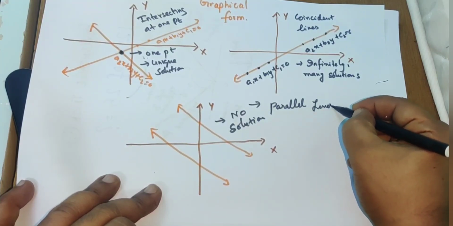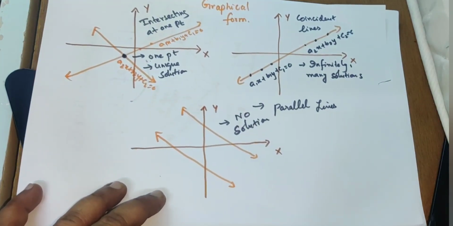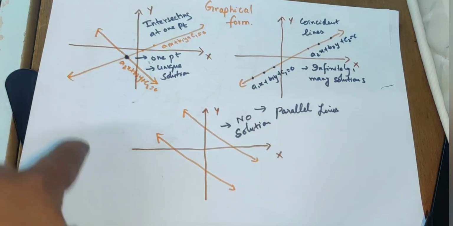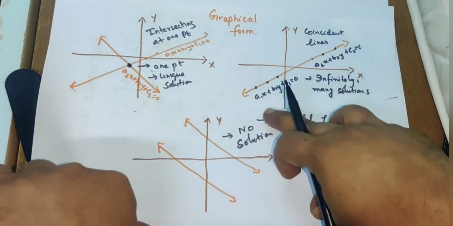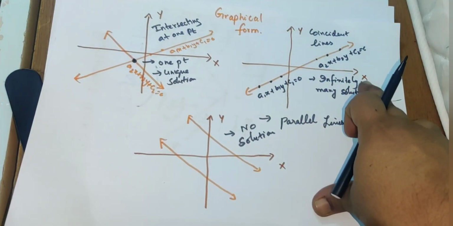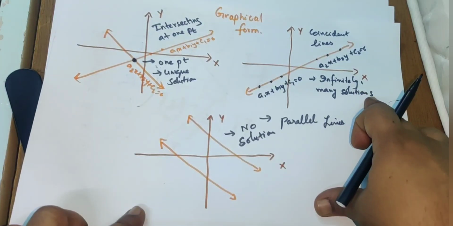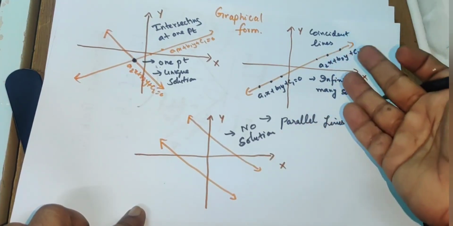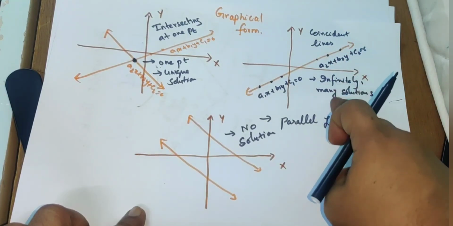So these three types of solutions only we are going to get. First one is intersecting at one point, only one solution. Second one is where both solutions lie on the same line, which is why it has infinitely many solutions. In the given question we are not finding one solution, we are finding many solutions.